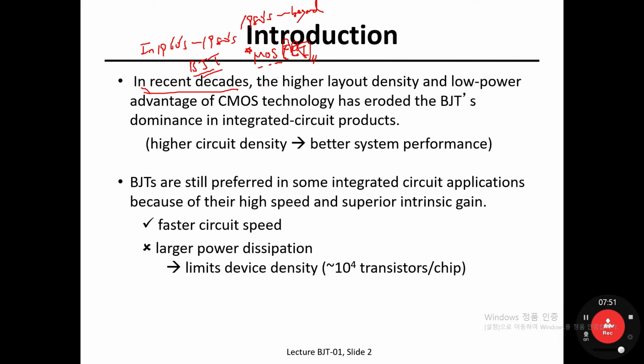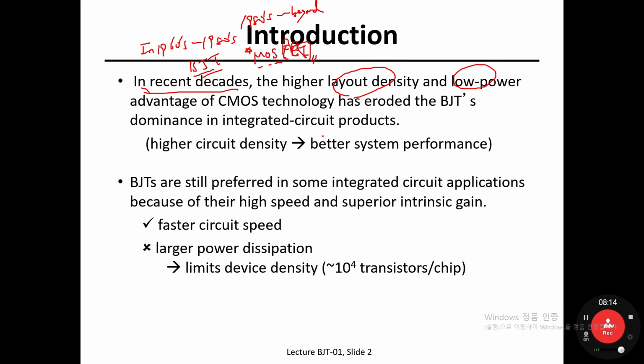All right. So as described here, the higher layout density and low power, those two benefits obtained from CMOS devices would be the main key point why the BJT has been running behind.